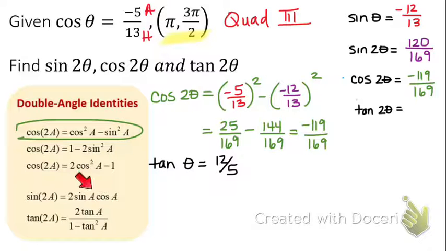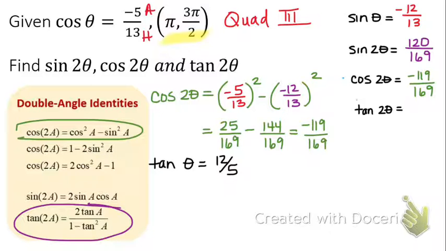So now we're ready to do this identity. This is the identity we're using. Does everyone see that on their purple sheet? The tangent? Okay, let's go ahead and do it. There's a lot of math in tangent because we have a fraction.